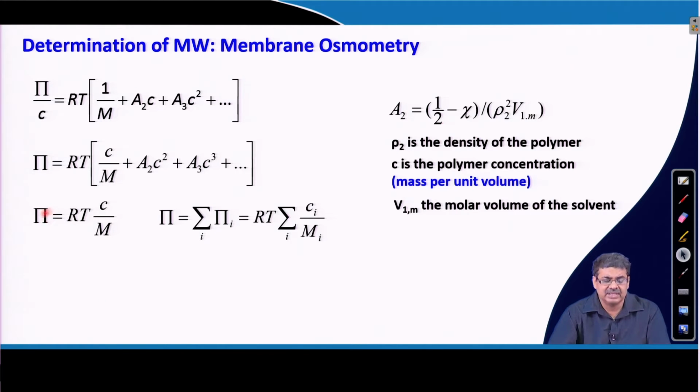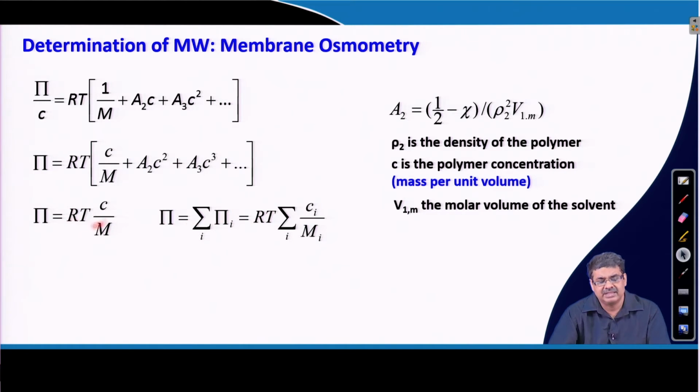Now, if we consider that the osmotic pressure of a solution of a polymer is the summation of the osmotic pressure generated by each polymer molecule, so we can write the total osmotic pressure as the summation of the osmotic pressure generated by individual molecules.